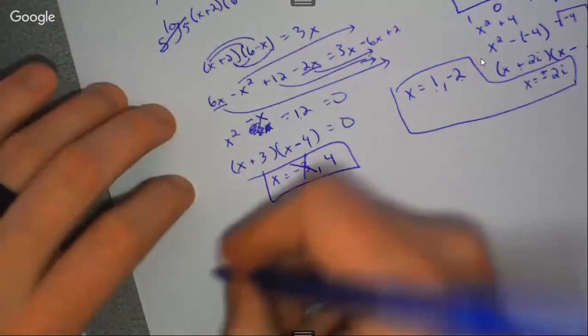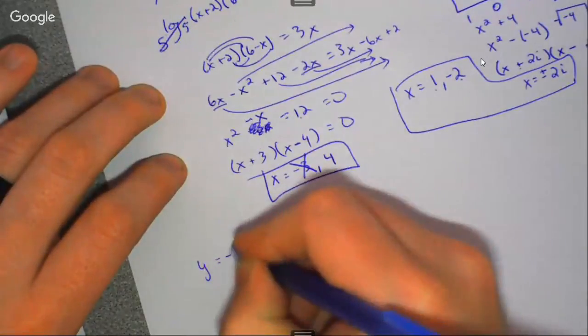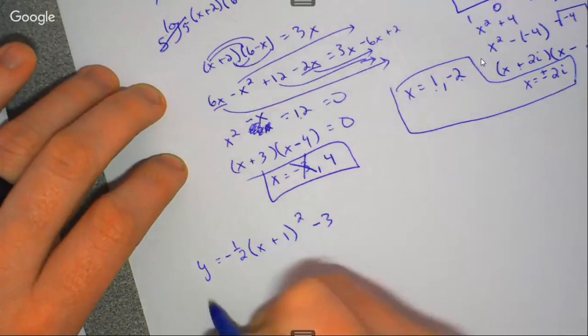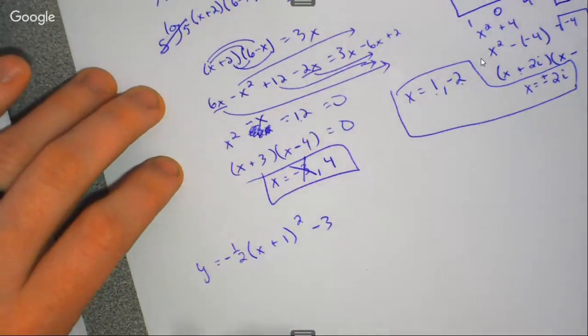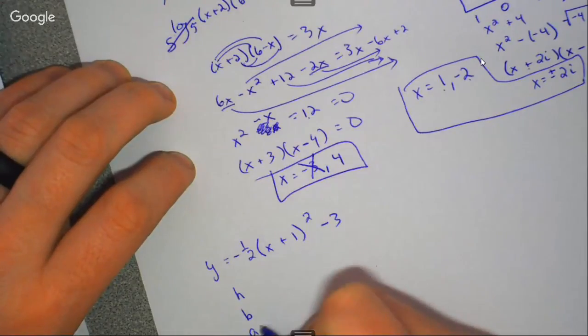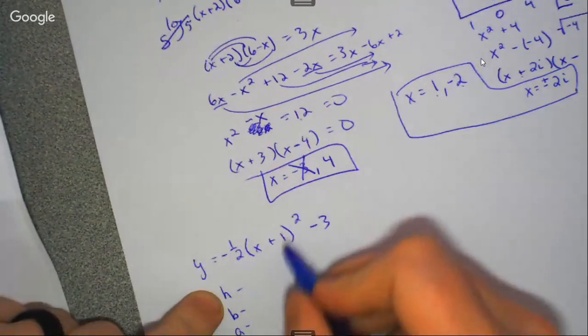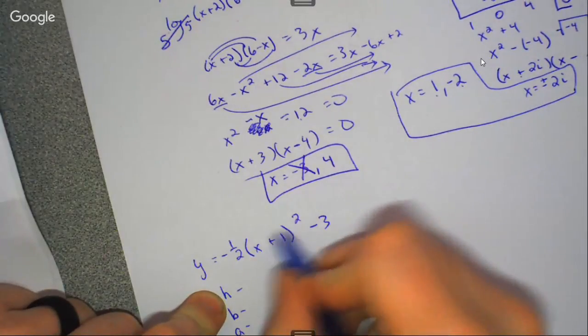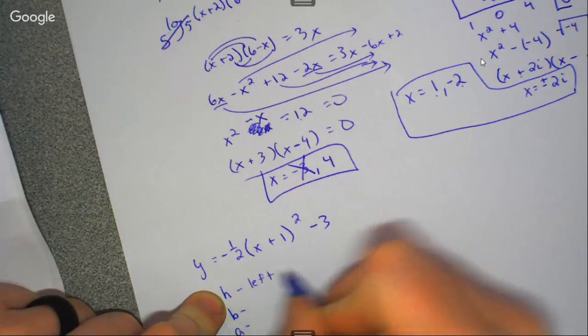So I've got y equals -1/2 (x plus 1) squared minus 3. So remember, from way back when, we have the HBAK. Okay, and this is a parabola, like I said, because of the x squared. So this will go left 1.